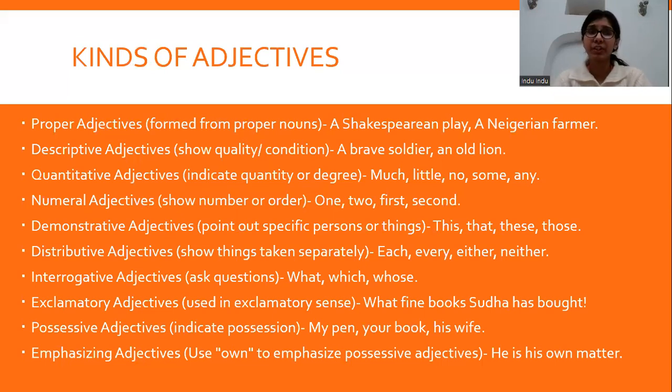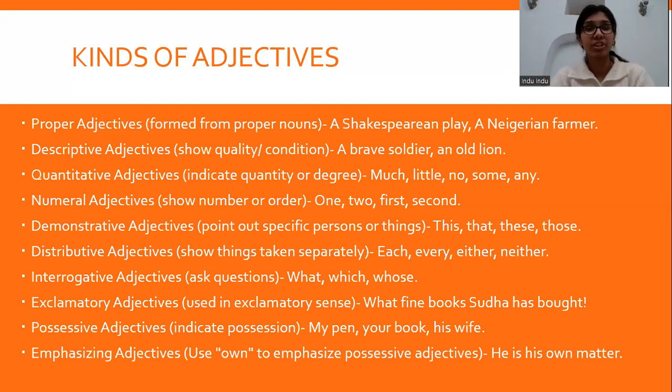So here, Shakespearean is a proper adjective because it has come from a proper noun, William Shakespeare, who's a very well-renowned author of English literature. So here we have a Shakespearean play, where Shakespearean is obviously derived from a proper noun. A Nigerian farmer, again, we are talking about one specific nationality. So here again, it's a proper adjective.